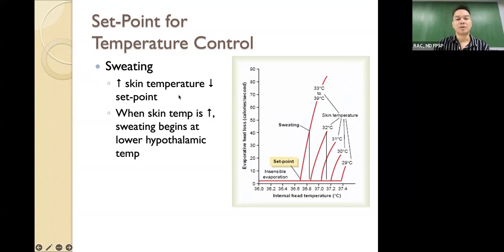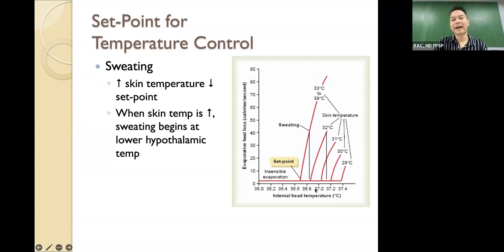If you read your books, it is said that as skin temperature increases, the set point goes down. So they are inversely related. Now, when skin temperature increases, sweating begins at a lower hypothalamic temperature. So the relationship is also inversely related. So what does that mean?